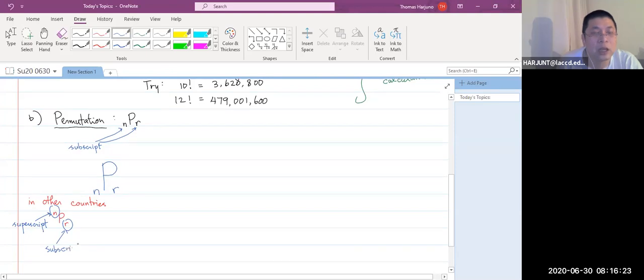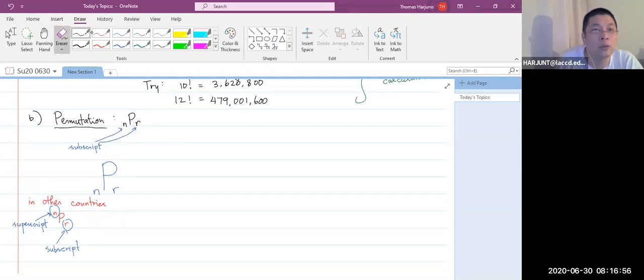Now, I will not accept this notation, because it actually creates some misunderstanding, as if this n here is an exponent. If you write it next to another number, let's say 23 next to it, there have been cases where people misunderstood this n as part of 23, while it's supposed to be part of the permutation notation. So we will not use this notation.